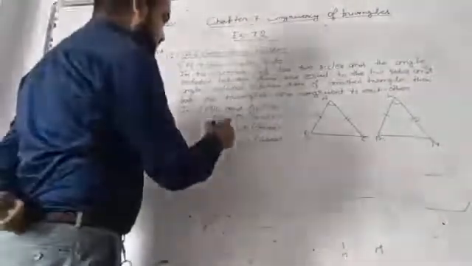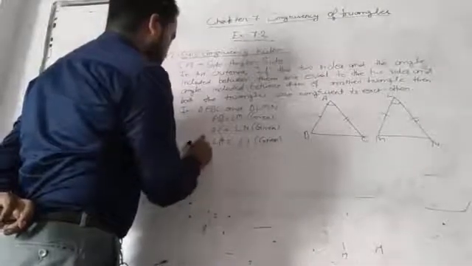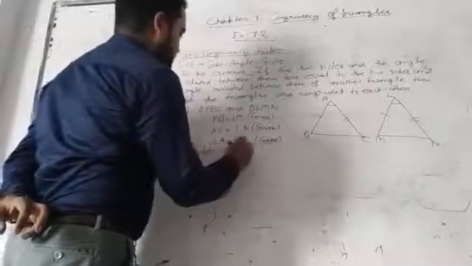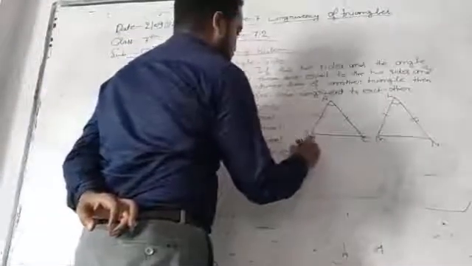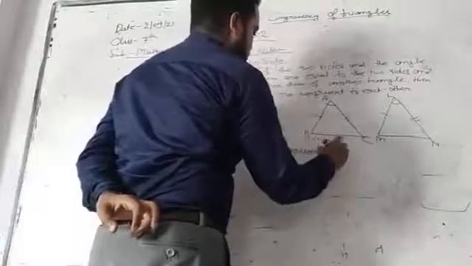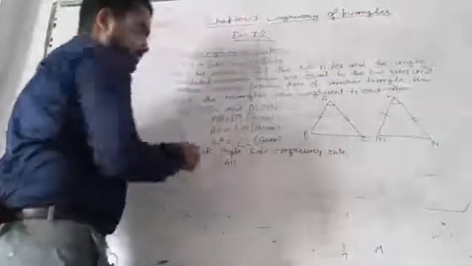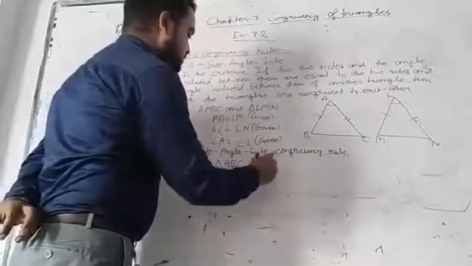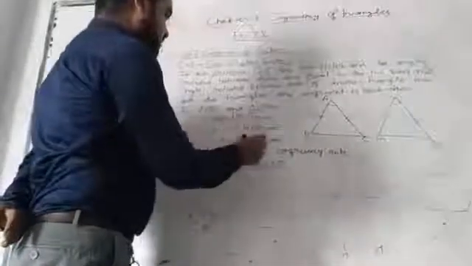Now for this, by side angle side congruency rule, triangle ABC is congruent to triangle LMN, and the corresponding part of AB is LM, and the corresponding part of AC is LN.